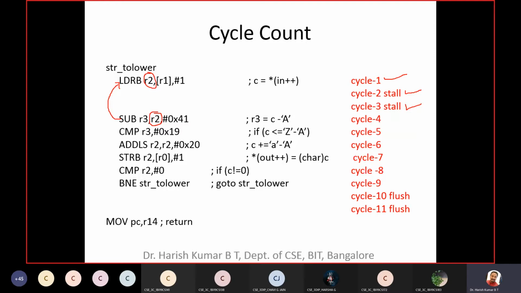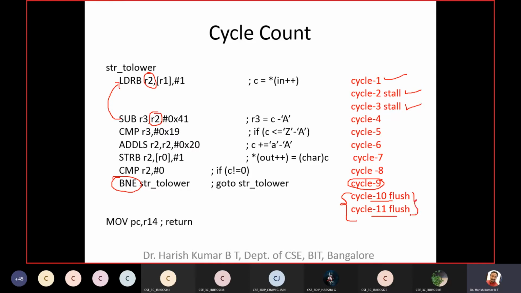If I assume LDRB executes in the first clock cycle, then the subtract instruction executes in the 4th clock cycle, because the 2nd and 3rd are stall cycles. Then 5, 6, 7, 8, and next again we focus on the branch instruction. I said it takes 3 clock cycles: 1 cycle for computing the address, 1 cycle for flushing the pipeline, and another cycle for letting the target instruction enter the pipeline.